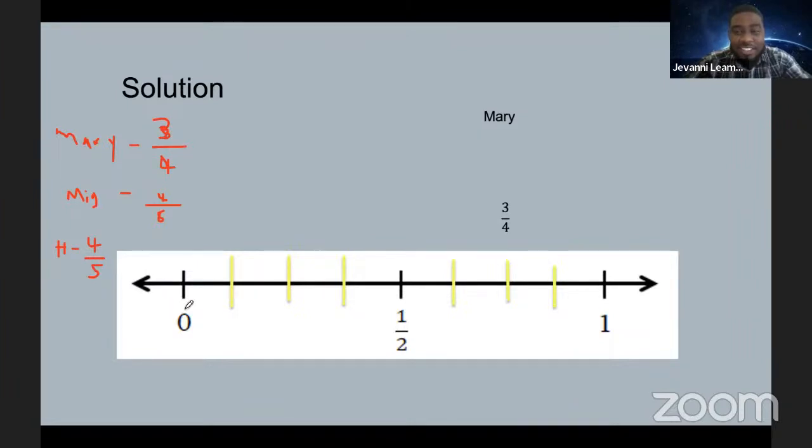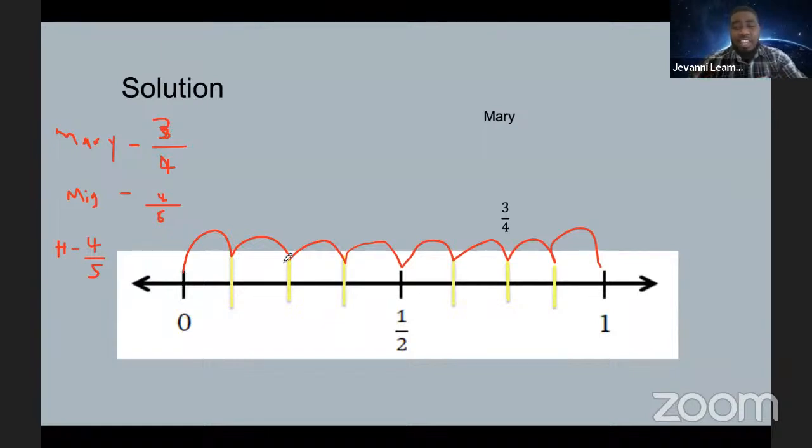Because we have 8 intervals. All right, let's count. 1, 2, 3, 4, 5, 6, 7. Do I stop right here? Yes or no? All right, continue. We stop at the 1, so we go from 0 to 1, and we counted 8.